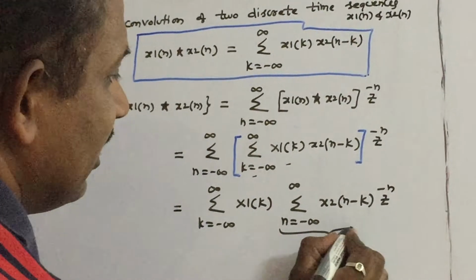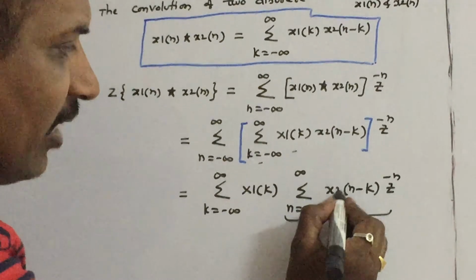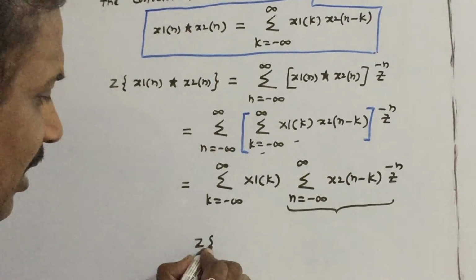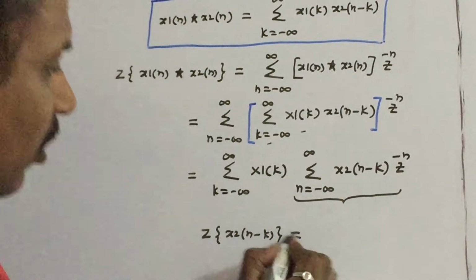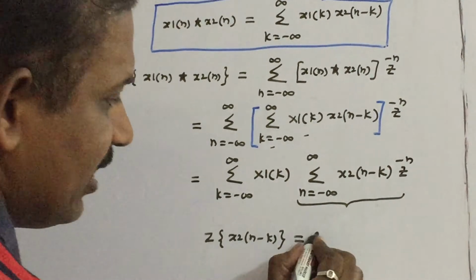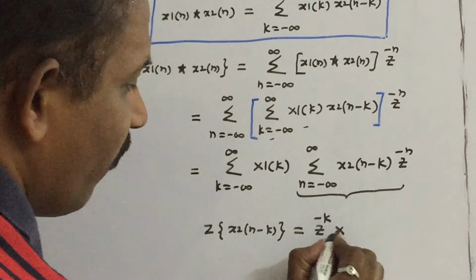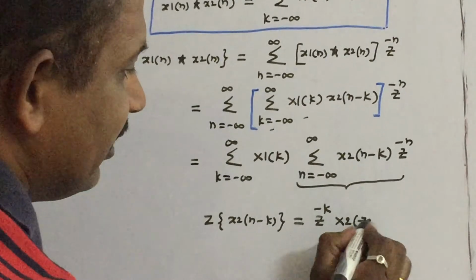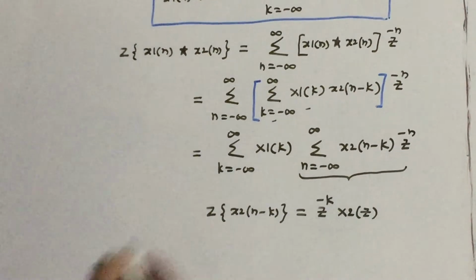So what is this? This is the Z transform of the time shifted sequence x2 of n minus k. We have seen the time shifting property; if minus is there, keep minus. Therefore z power minus k into X2 of z. So this entire term is replaced by z power minus k into X2 of z.